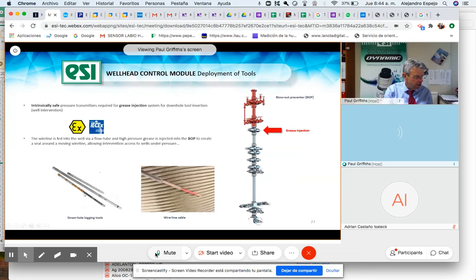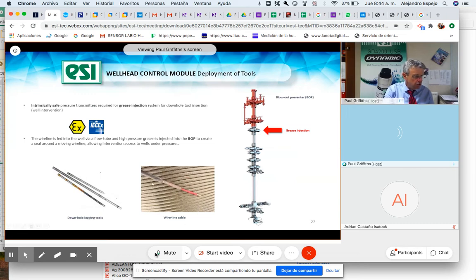This information is stored on a high temperature data logger, and it can be extracted either by communication through wireline or by retracting the tool, bringing it back to the surface to analyze it.